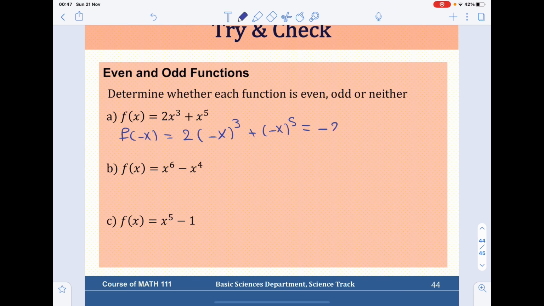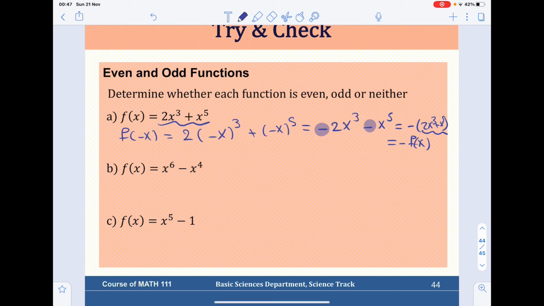So this would be negative 2x to the power 3 minus x to the power 5. Then since I have negative here and negative here, I can take negative as a common factor. So I'm going to be left with negative 2x to the power 3 plus x to the power 5. Now this one is just this one, which is f of x. So this is negative f of x.